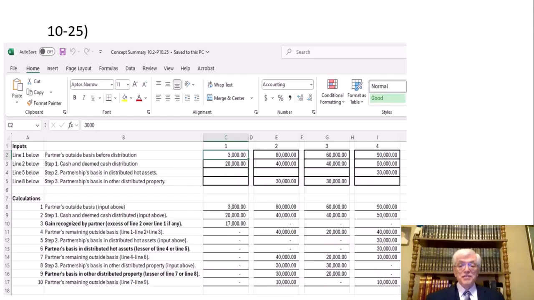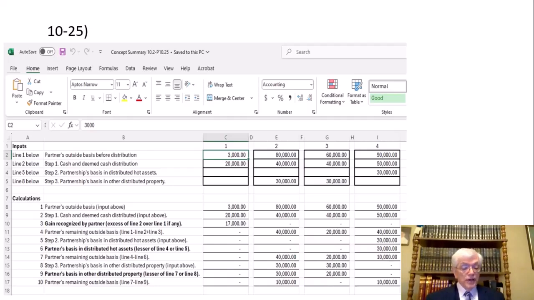No hot assets distributed, so she's still at 20 after that, but now the partnership's basis in the other property is $30,000. She can't take it at $30,000, so she'll take it at $20,000, reduce the basis of her partnership interest to 0, and the basis in the land that she received, even though the partnership's basis was $30,000, hers will only be $20,000.